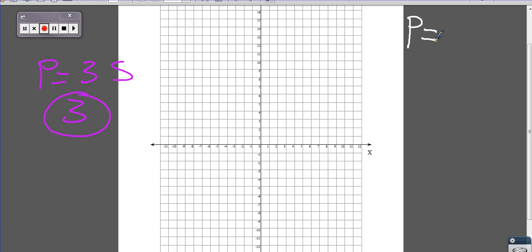Okay. Start the equation: P equals. What is the other variable that we need to know? So first off, we need to find out the constant, and we need to figure out gallons.